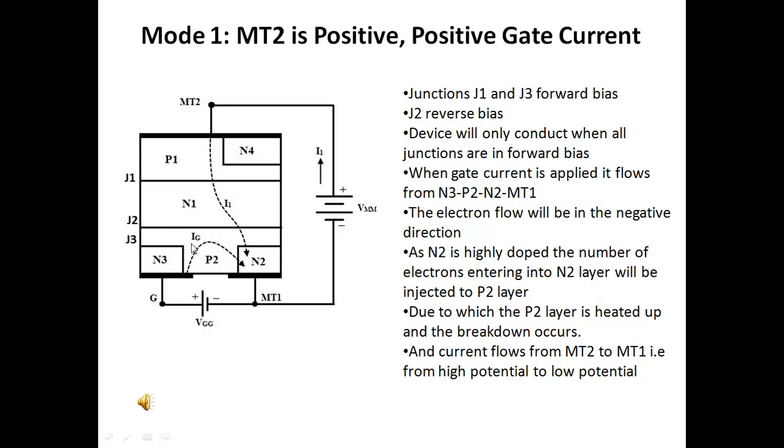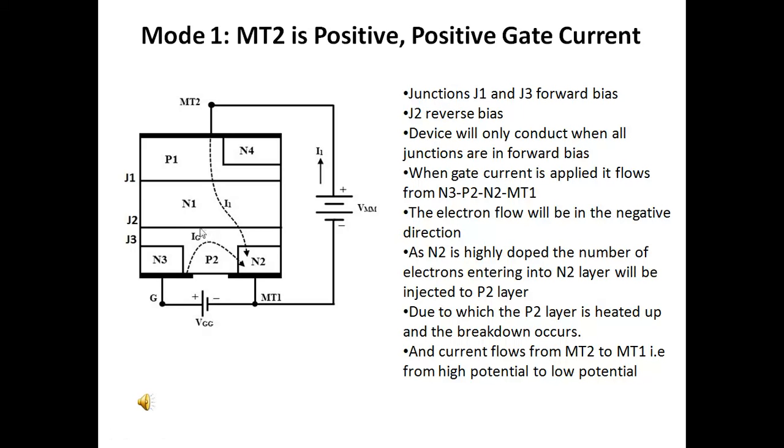Because junction J2 was reverse biased, breakdown occurs at junction J2 due to the electrons entering into P2. With respect to the N1 and P2 junction, that is J2, it will be in forward bias.